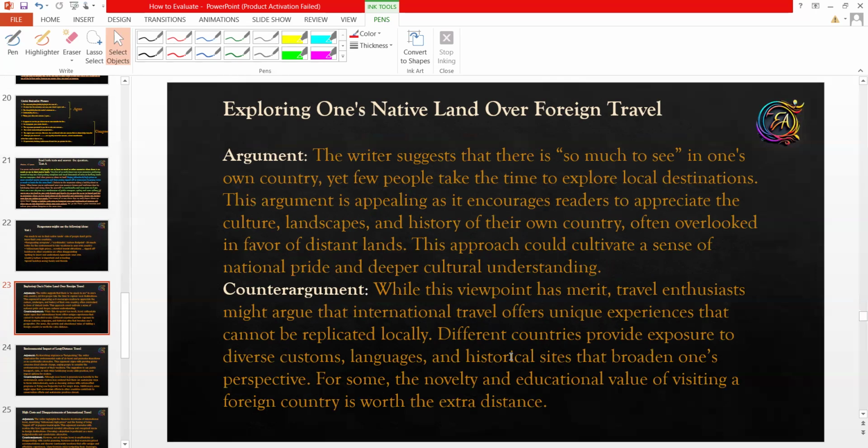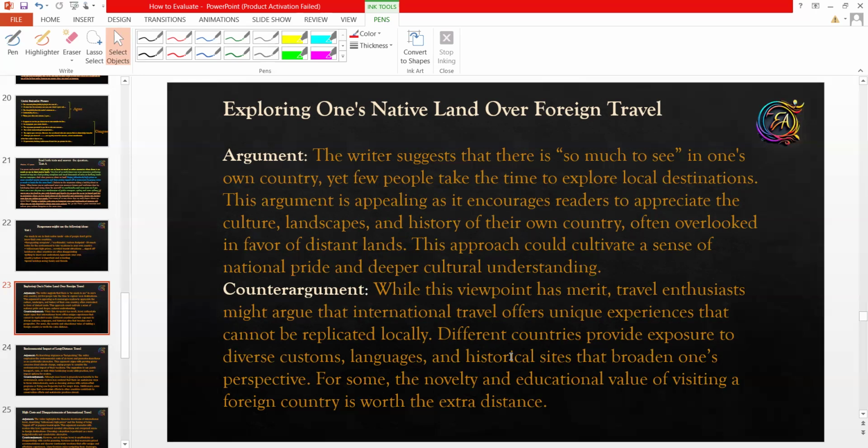Anyways, as we have mentioned earlier, you can add some subheadings if you want, and if you don't want, it's okay. Exploring one's native land over foreign travel.